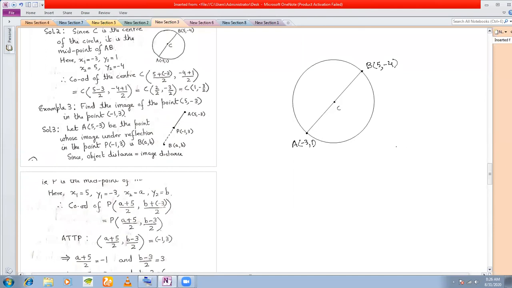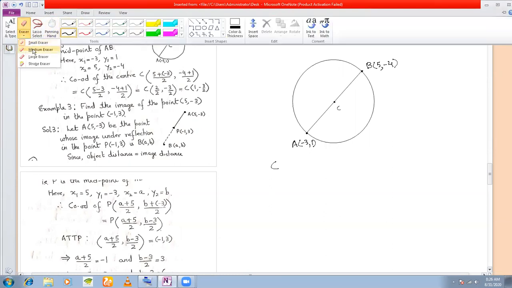Now, clearly, let's see, we say let C be the center of the circle.